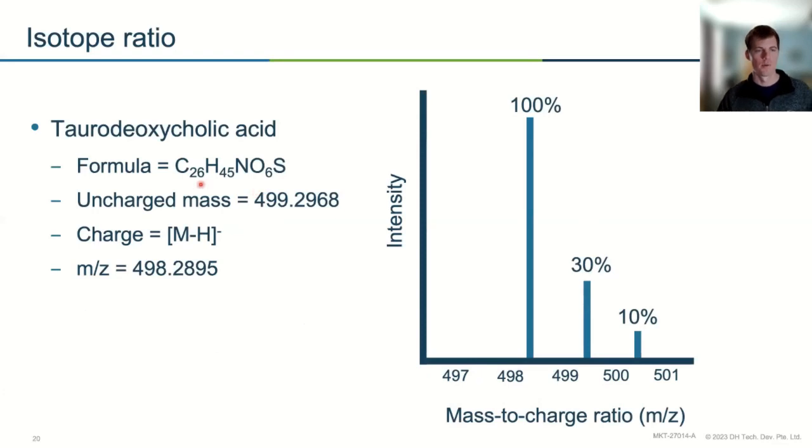Just as an example here, I used a compound, taurodeoxycholic acid. This is a natural component of bile, so it's in the liver of especially fish and birds.